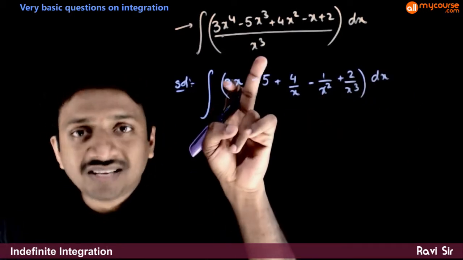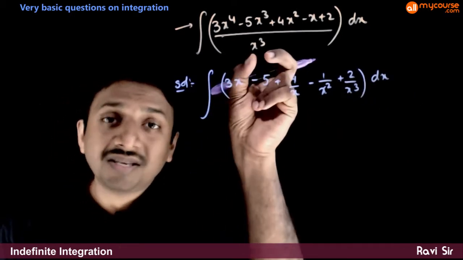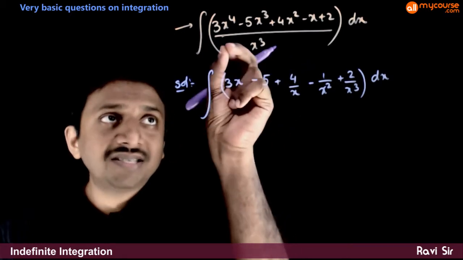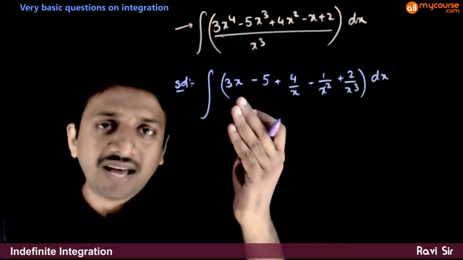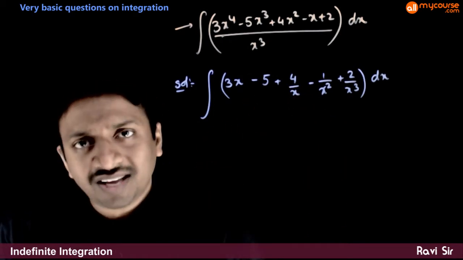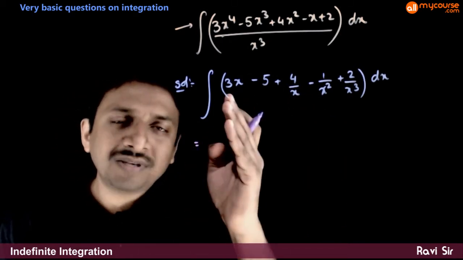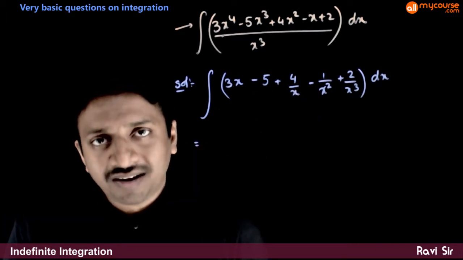So what I have done is, because the denominator is just a power of x, I can just distribute it to each and every term. So now I can do the integration directly.